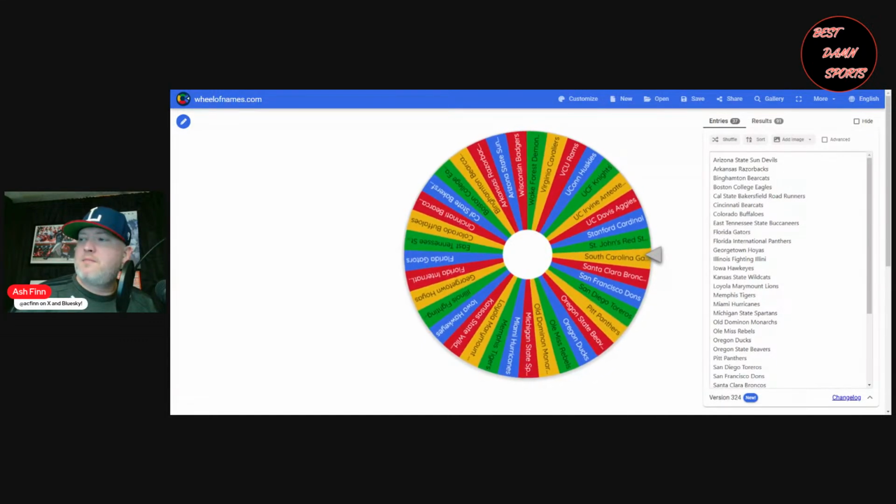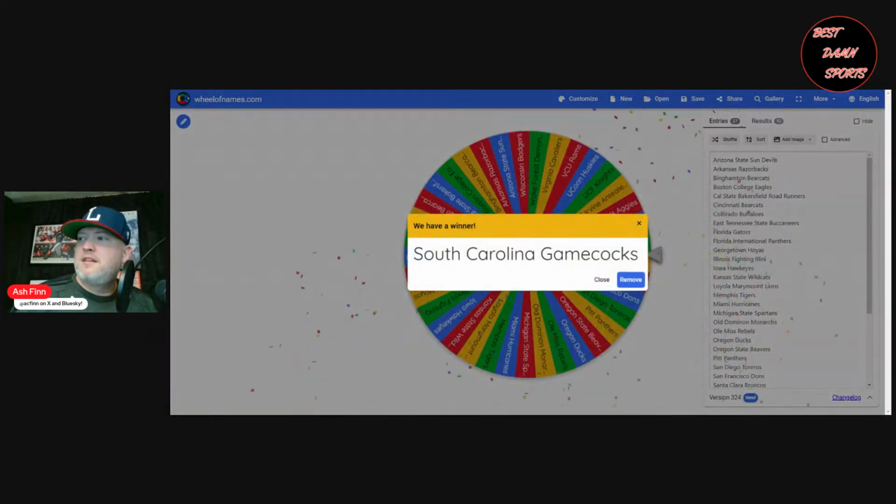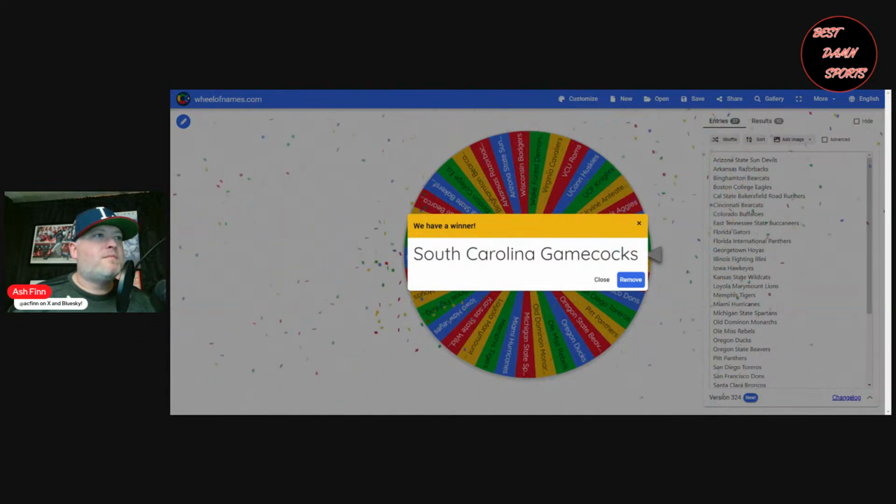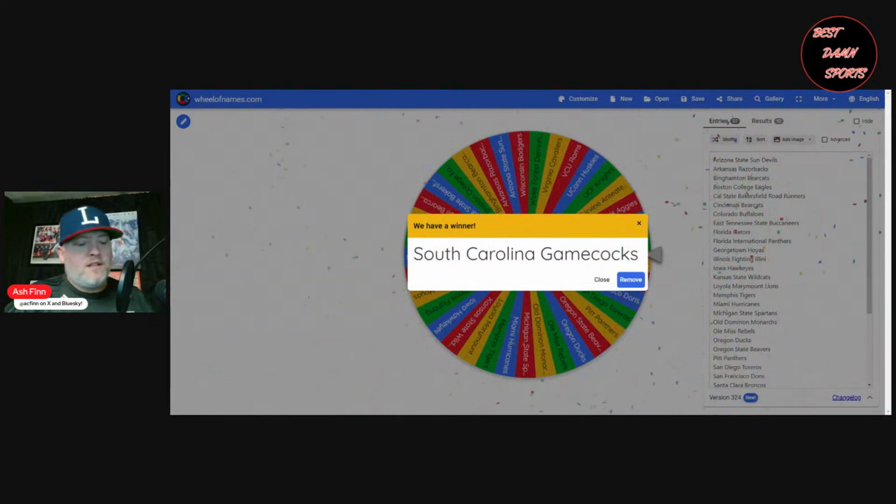And is it going to be the Gamecocks? The South Carolina Gamecocks out of the SEC will be drafting 4th. Another one of our Canuck Discord members is owning the South Carolina franchise.